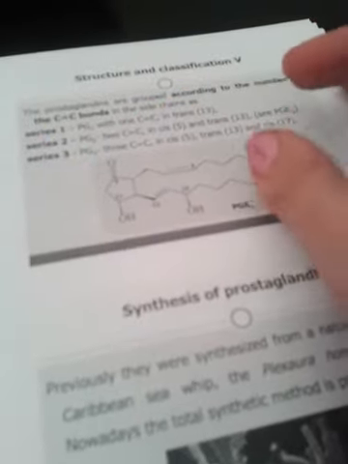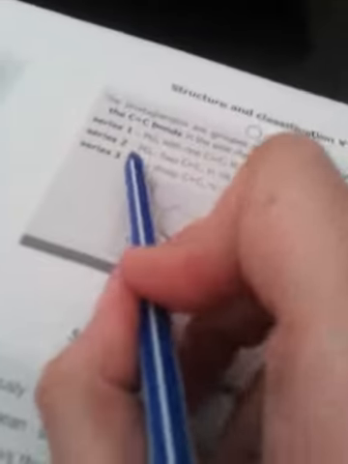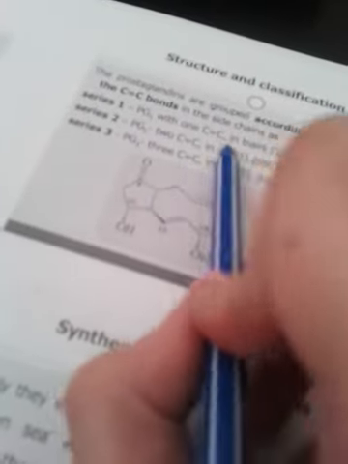Why is it called prostaglandin? Because it started in the semen. The semen of animals comes from the prostate, and the name is prostaglandin, gland of the prostate. Understand? Series 2 has two double bonds, cis on 5 and trans on 13. See, this is the 5 position, it's cis.